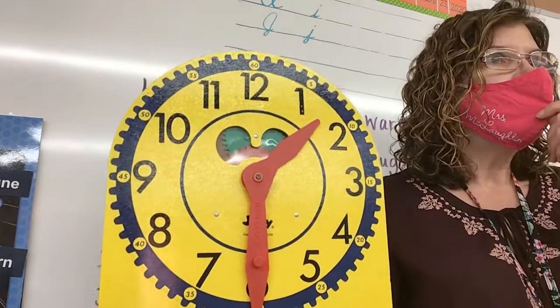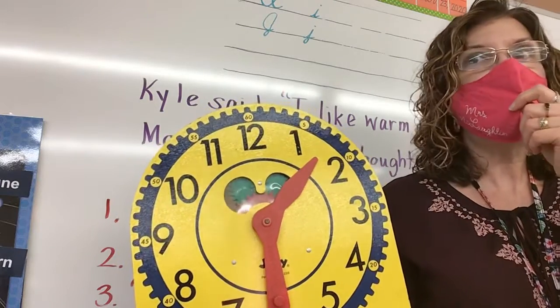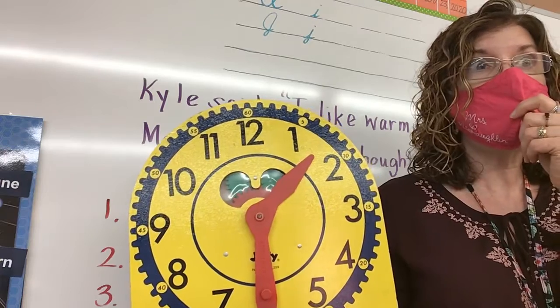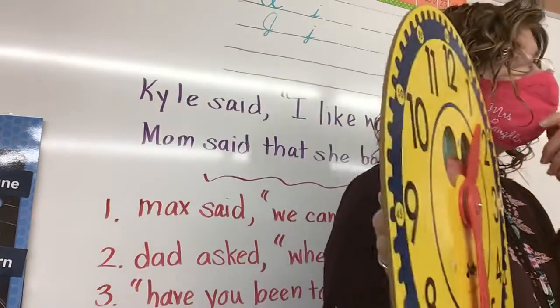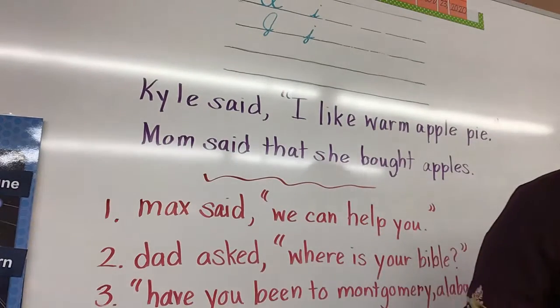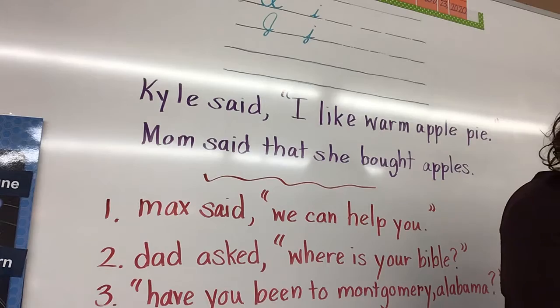It's half past 1. 2:30 would be half past 2. 5:30 would be half past 5. You guys understand that you can't just write the words half past? I tried to tell you that when I taught you this last week, and I still have somebody already doing it today. All right. The next one looks like this.